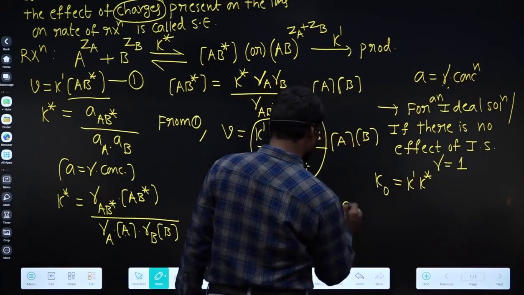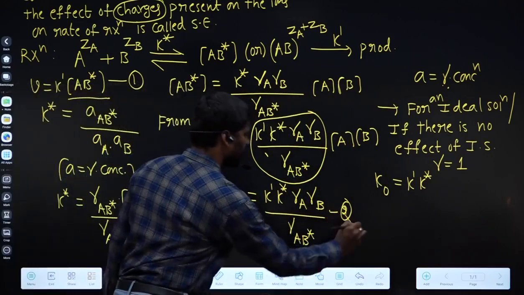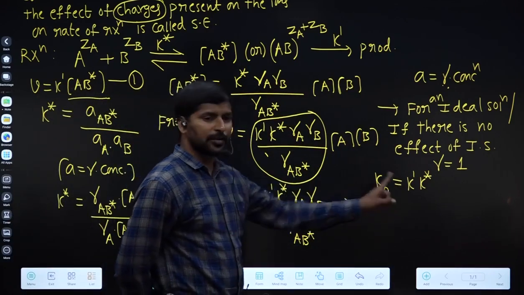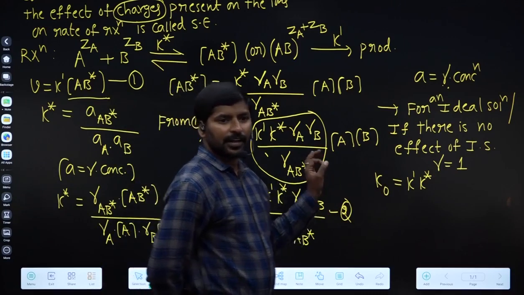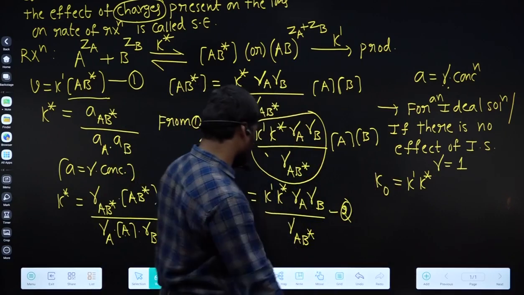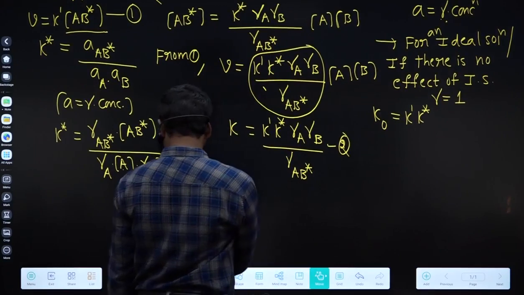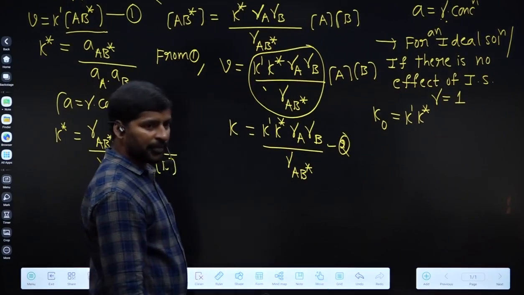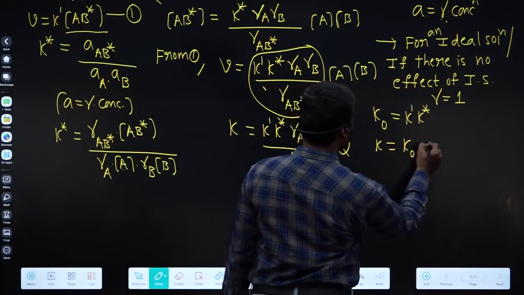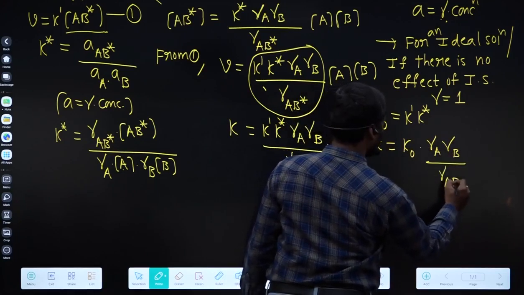Let us consider this as equation 2. So therefore K dash into K star is nothing but K naught. What is K naught? Rate constant in the absence of ionic strength. If you substitute here, we get K is equal to K naught into gamma A gamma B by gamma AB star.